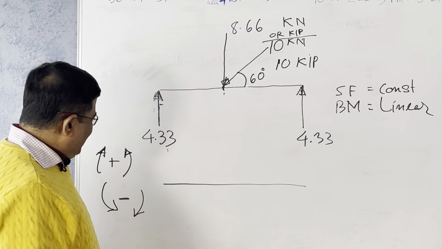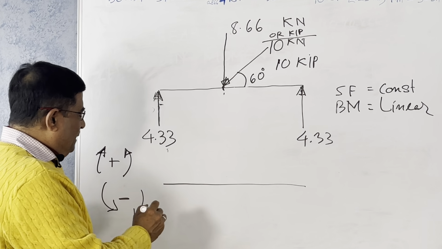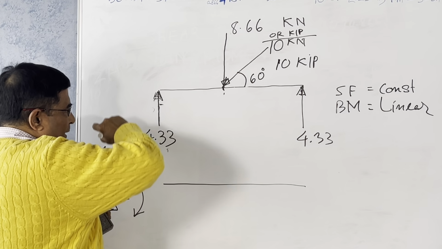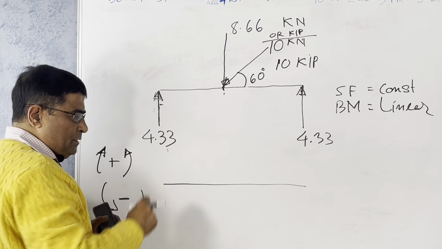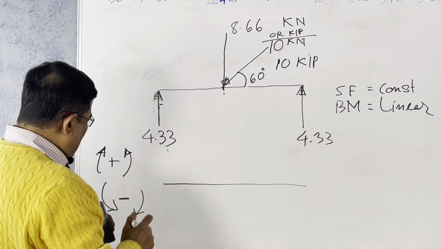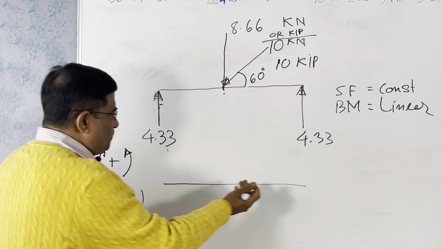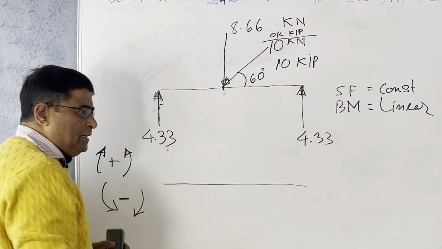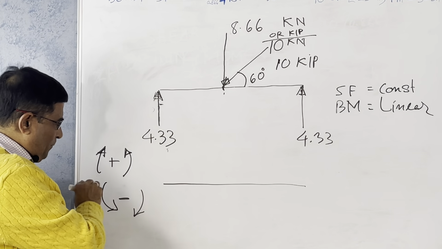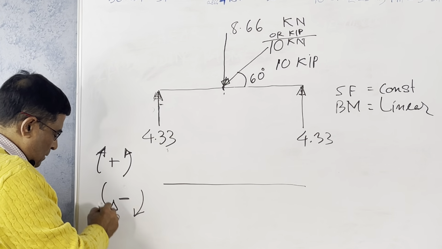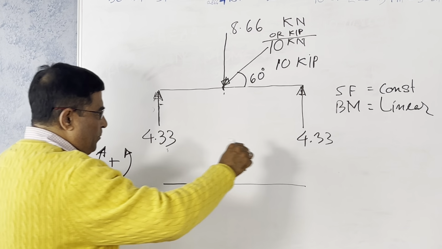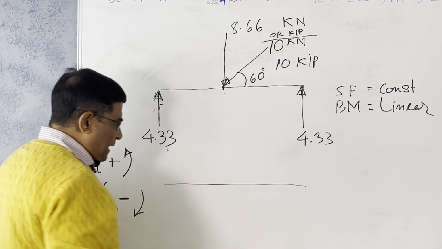Positive means if you consider from left, bending in a clockwise direction is positive. If you consider from right, moment in the anti-clockwise direction is positive. If you consider from left, anti-clockwise is negative. If you consider from right, clockwise is negative.